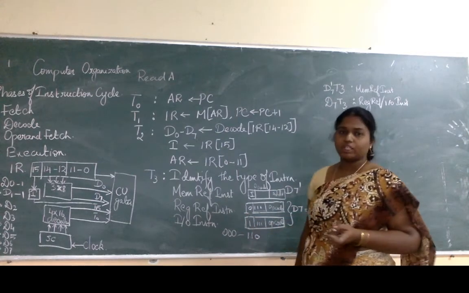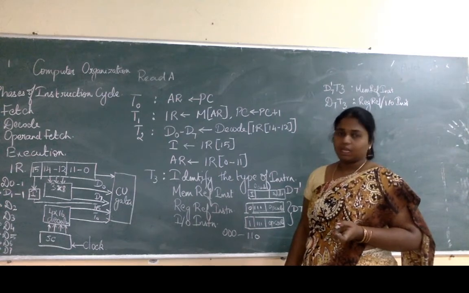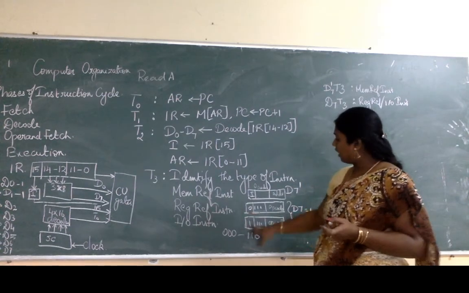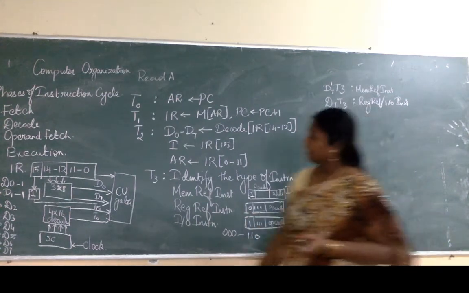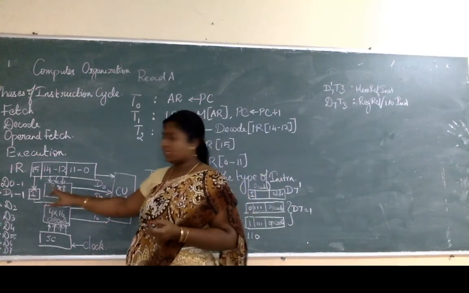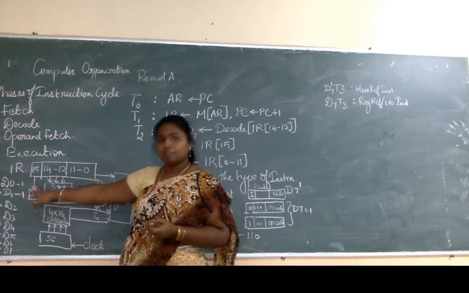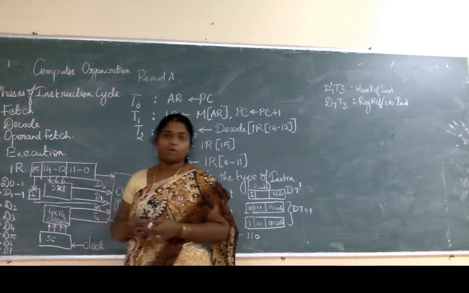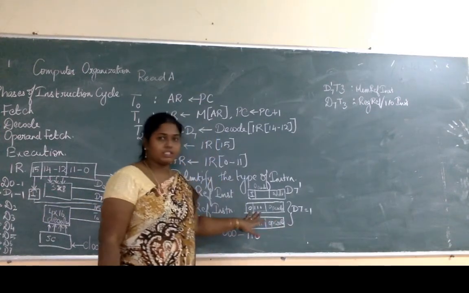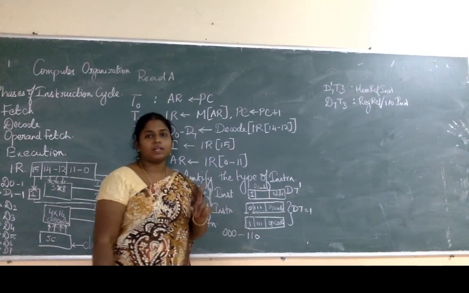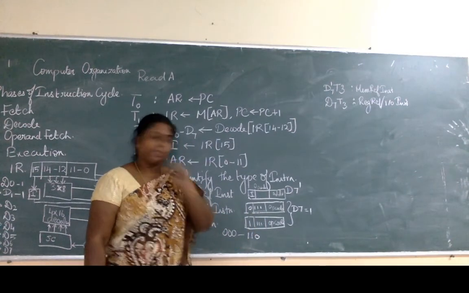If not, it is going to be an IO operation. In the circuit, you can see that bit 15 is stored in a flip-flop I. So if the I value is 0, it is going to be a register reference instruction, and if the I value is 1, it is going to be an IO instruction.